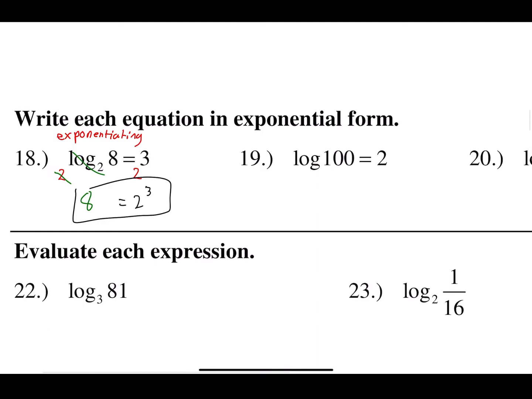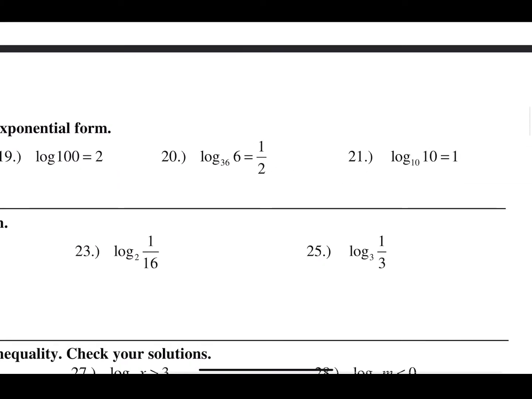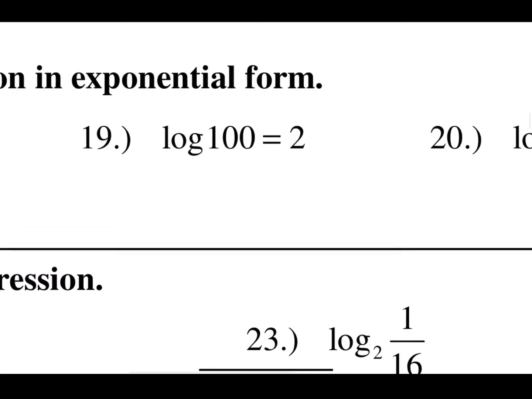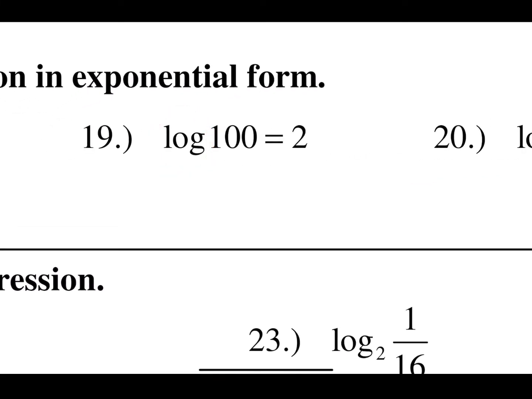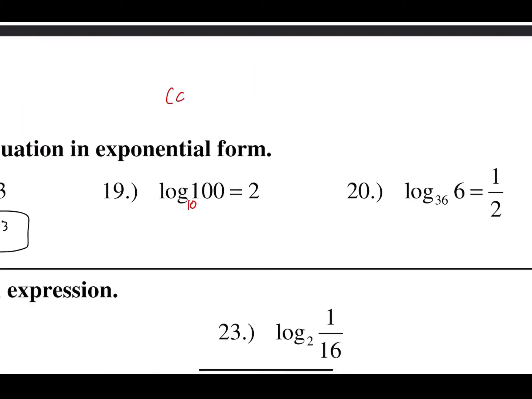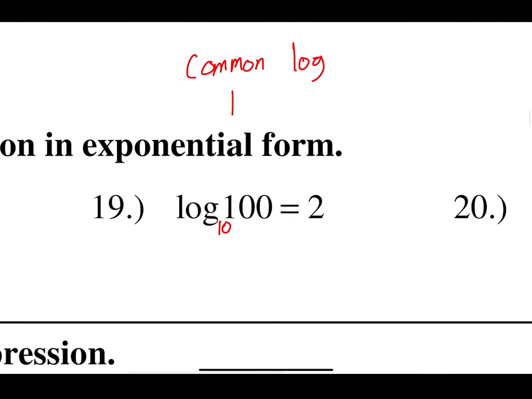So one more time. Here's a good example. See how this is log base 10? If there is a log given and there is no base written, you assume it's 10. That is the common log. So if I just give you log of x, assume that is the same thing as log base 10 of x.